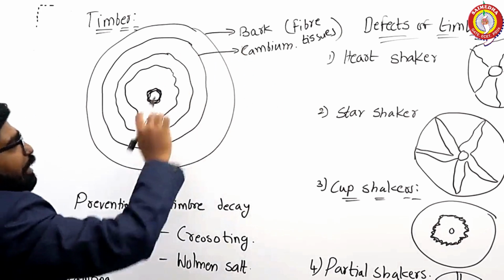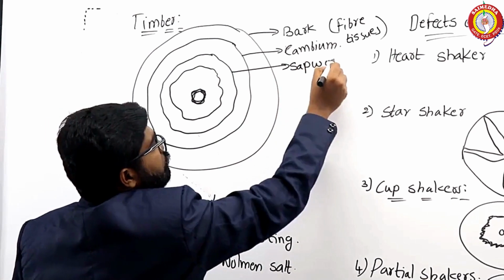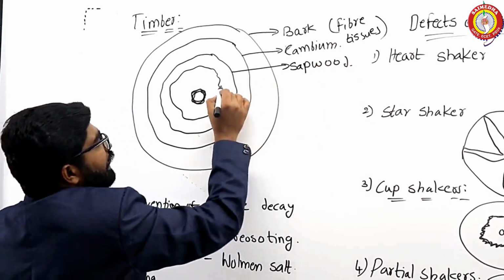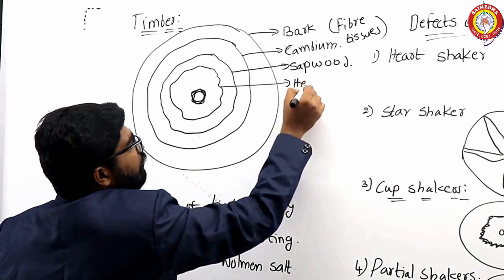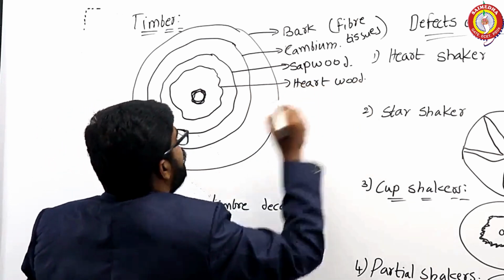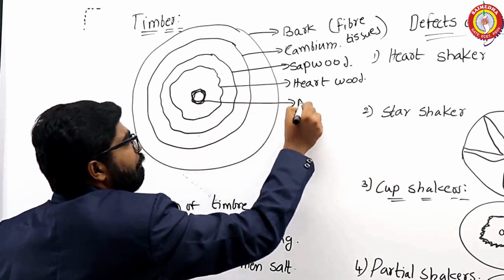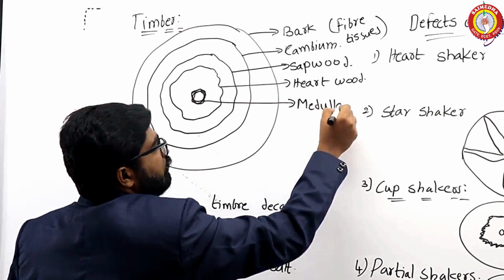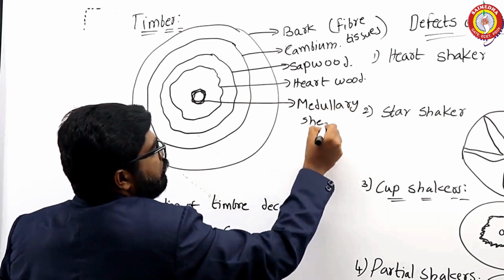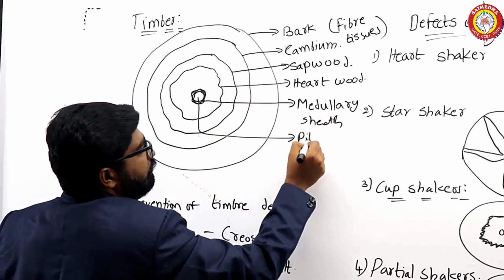Inside the cambium it is covered with sapwood, and inside the sapwood it is hardwood, and a pith which is surrounded by medullary sheath, and the innermost portion is known as pith.